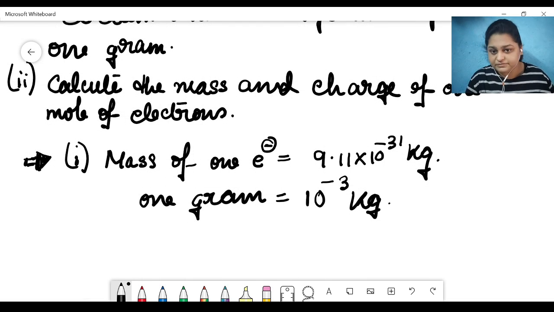Just by doing simple unitary method, we can find this answer.